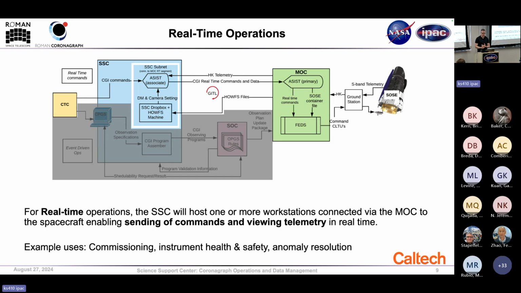That system will be used primarily during commissioning, when observers need to interact very rapidly with what's going on on the instrument, as well as if we're going to be monitoring health and safety through that interface, and when we need to do anomaly resolution, the real-time system will be what we use. As well as autonomously, this system runs the ground in the loop.